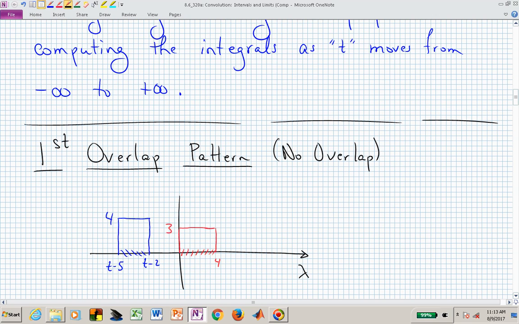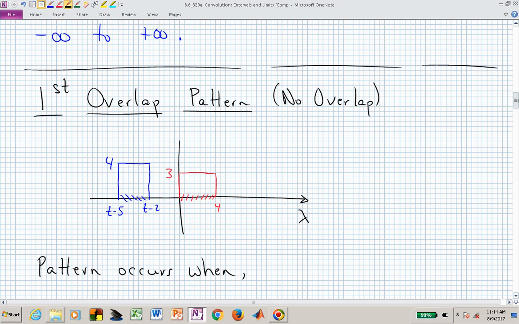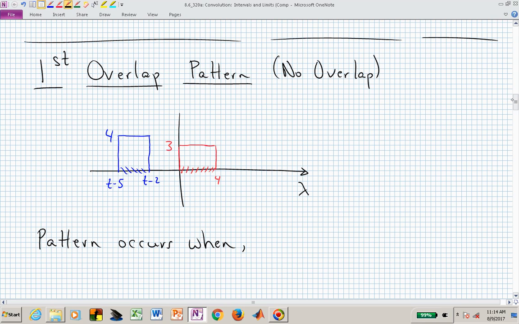Let's now do that for this set of functions x and h. In this particular case, the first unique pattern is the no overlap case. Now what we want to do is establish when these intervals occur. That's what I mean by when the pattern occurs.